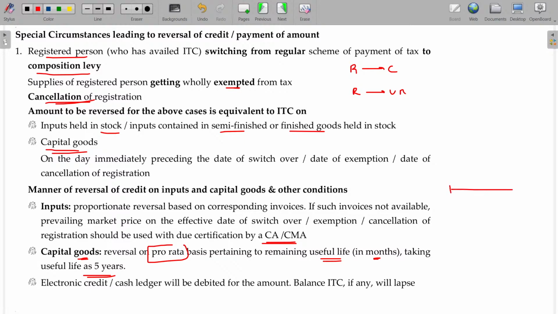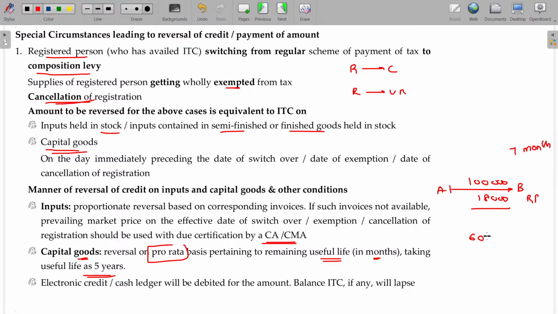For example, A and B, being a registered person, purchased an asset for rupees 1 lakh, paying GST of 18,000 rupees. He used it for 7 months. Then what happens here?